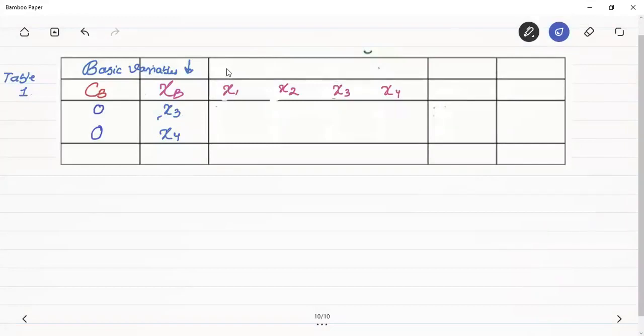You can see that 10 is the cost coefficient of x1, the cost coefficient of x2 is 9, the cost coefficient of x3 is 0 and the cost coefficient of x4 is 0.